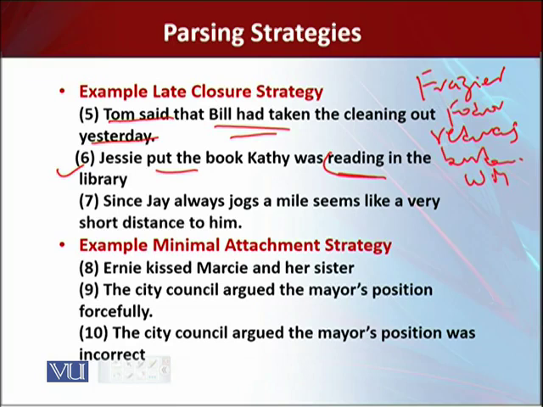Further evidence for late closure comes from other researchers, Rayner in addition to Fraser, who not only looked at sentences from the propositional point of view, but also examined eye fixations.